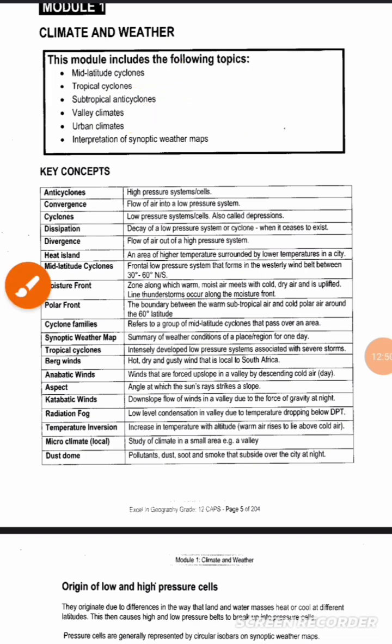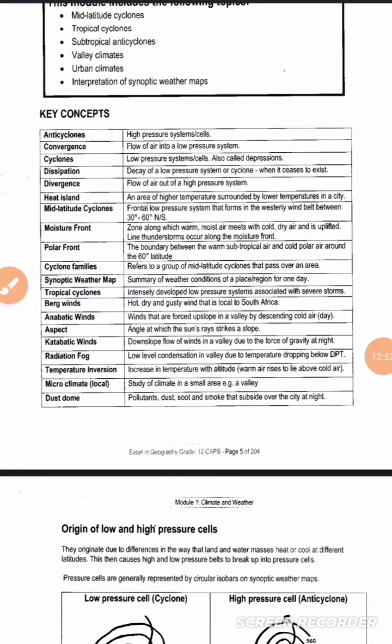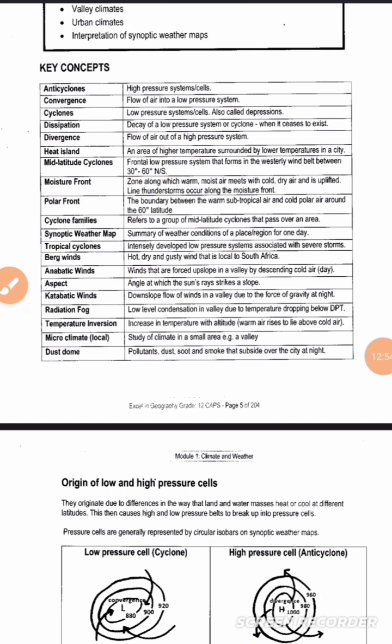We must go through these concepts, but some of them we will apply when we are going through other chapters, because there are other ones which are in other chapters. So we need to know from grade 11 what an anticyclone is.